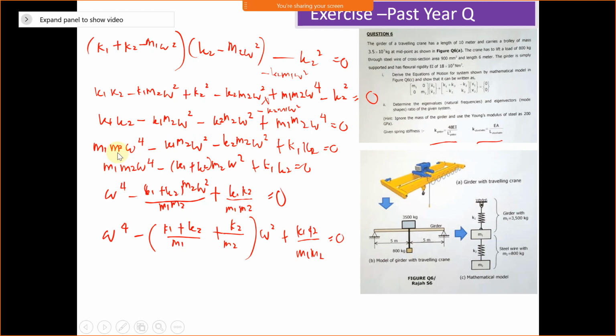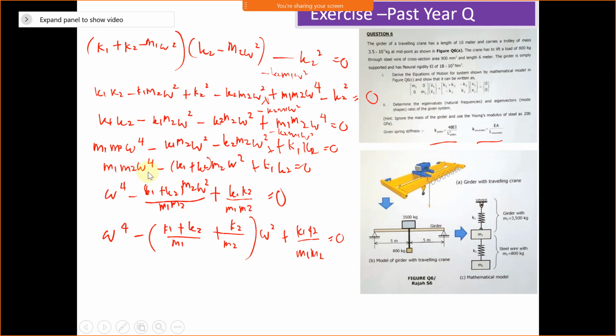And then M1 M2 omega to the power 4 minus K1 M2 omega square minus K2 M2 omega square minus K2 M1 omega square, okay, minus K2 M1 omega square plus K1 K2.